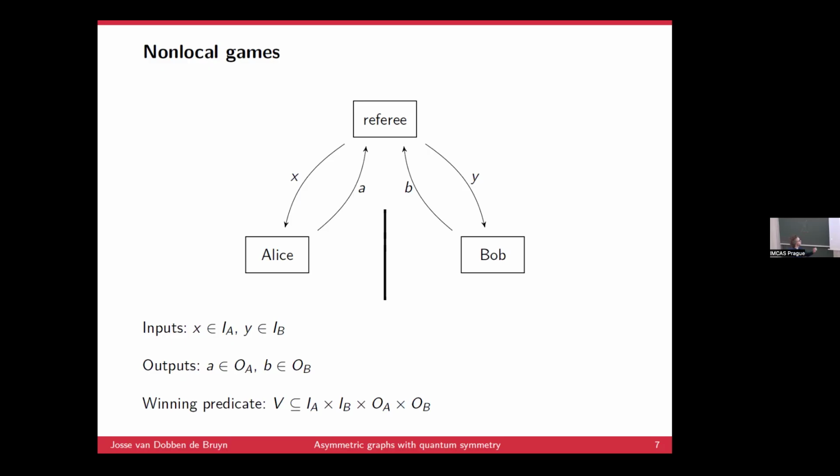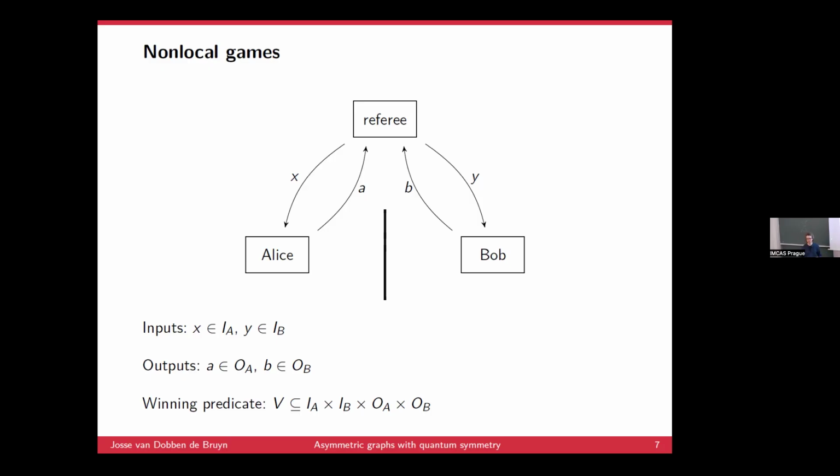In this game, all the rules of the game, the input sets, the output sets, and the winning predicate, are known to all parties, but Alice and Bob cannot communicate during the game. They can agree on a strategy beforehand, but during the game they cannot communicate. And we typically play only one round of the game, so one set of questions, one set of answers.